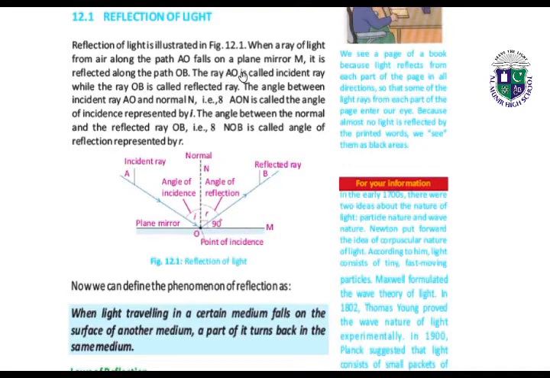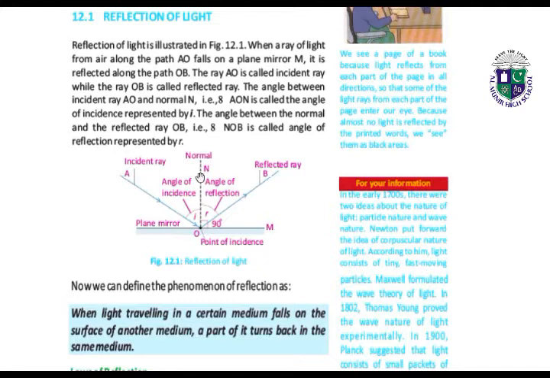The ray OA is called the incident ray, while the OB is called the reflected ray. The angle between the incident ray OA and normal N. Here in the middle we have this point. This is the normal point.